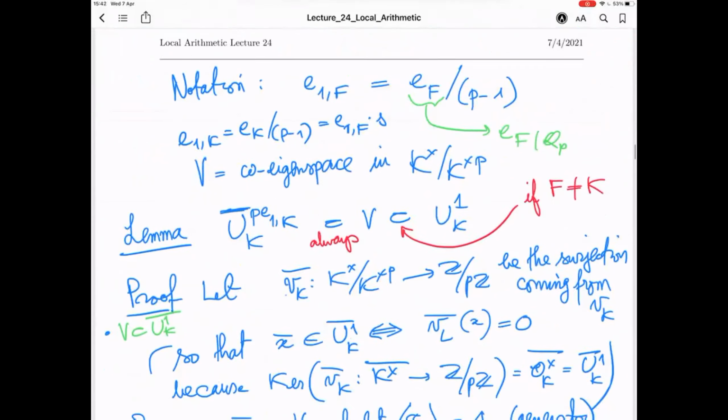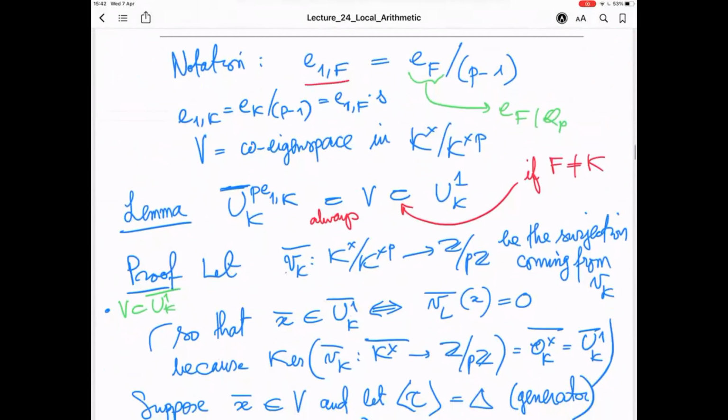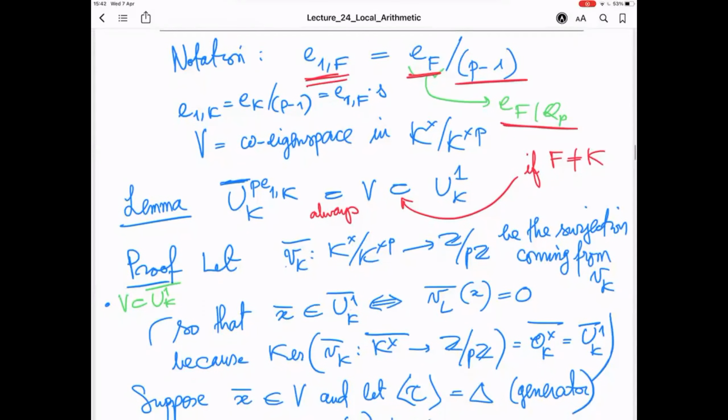So now let's introduce this notation. EF is the absolute ramification index. The full name is E of F over QP, I'll just call it EF. And when I divide it by P minus 1, I'll call it E1F. So similarly, E1K is going to be EK divided by P minus 1.